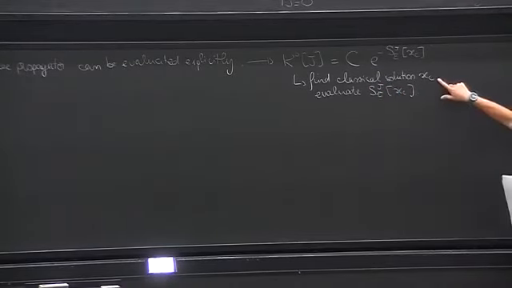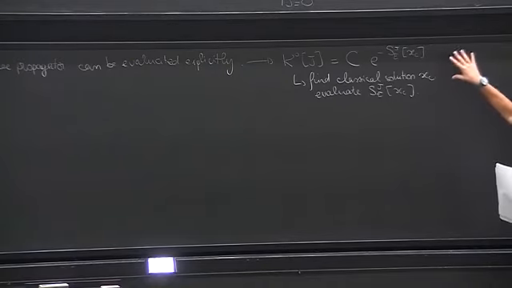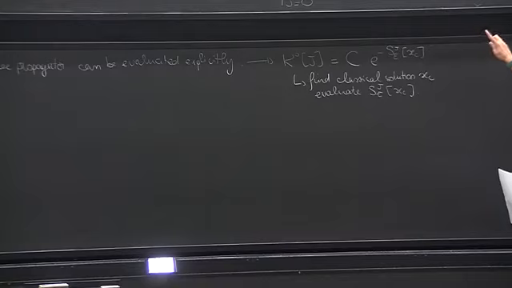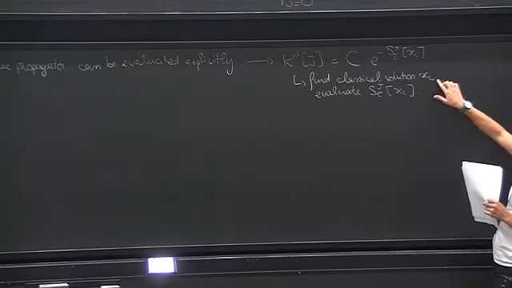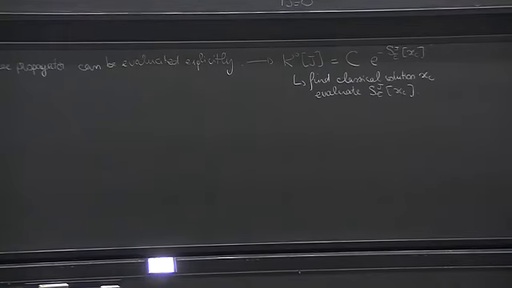To find the classical solution, again, we are dealing with the case of the harmonic oscillator with the source. So if you look at the equation of motion, you get an inhomogeneous differential equation. It's the differential equation you have for the harmonic oscillator plus a right-hand side term.